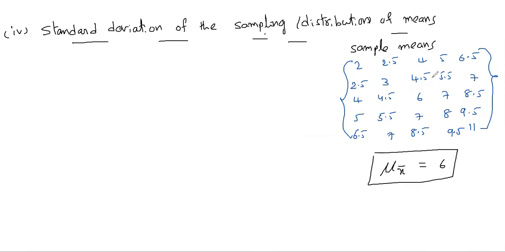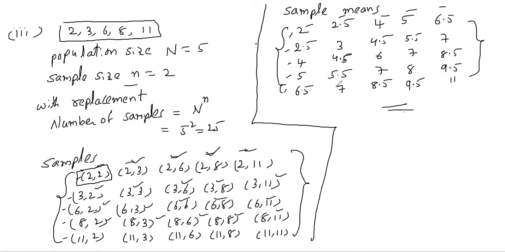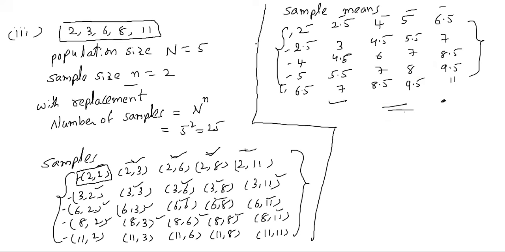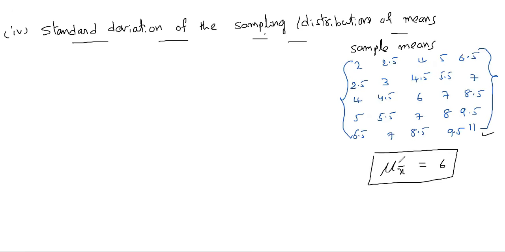Whatever sample means you got in the third question, for these sample means we have to find the standard deviation. I am writing it fresh here, next to mu x bar. What is the mean of sample means from the third question?